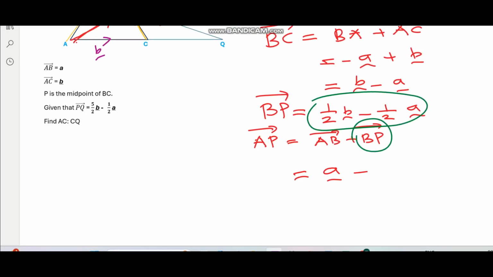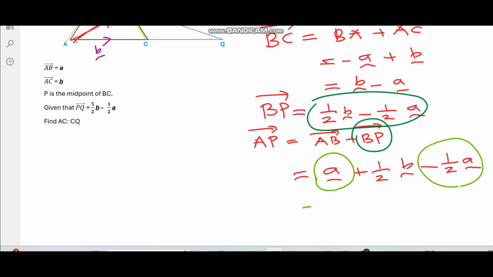So plus half B minus half A. Now vector A minus half of vector A is half A, and then we have a plus half of vector B. So we found AP.